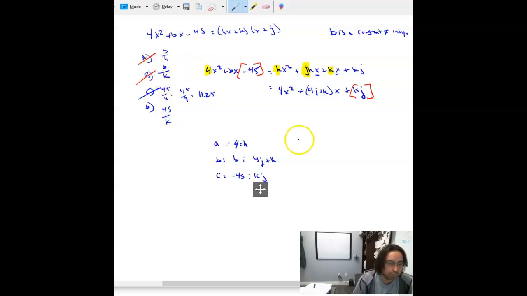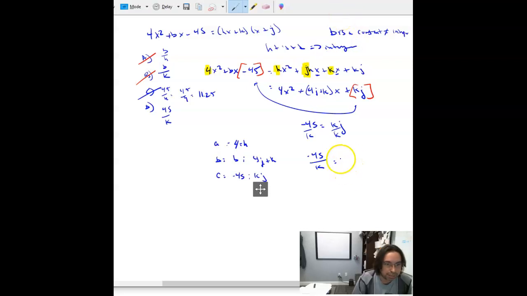But to further prove this, we know that these two are connected. If we say -45 is equivalent to k times j, and we see the k over here, if we divide by k, we now have -45 over k. Well, the question tells us that h and j and k are all integers, right?